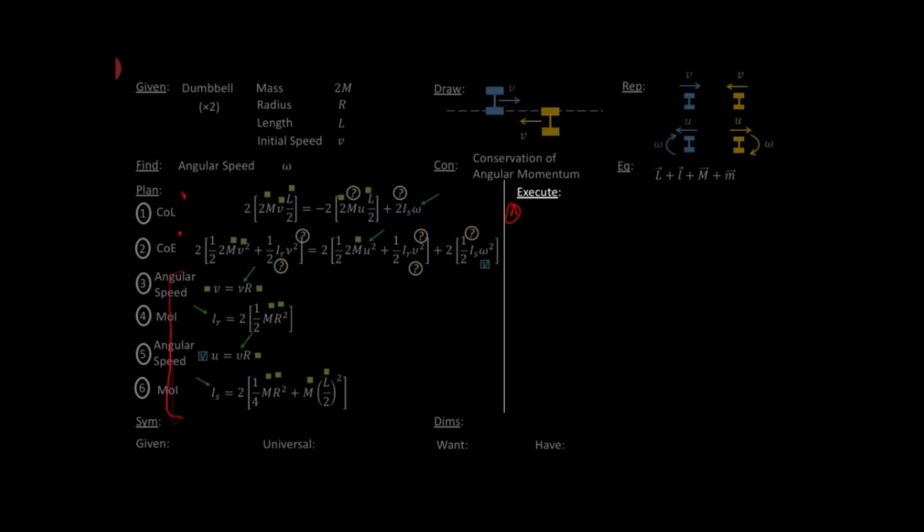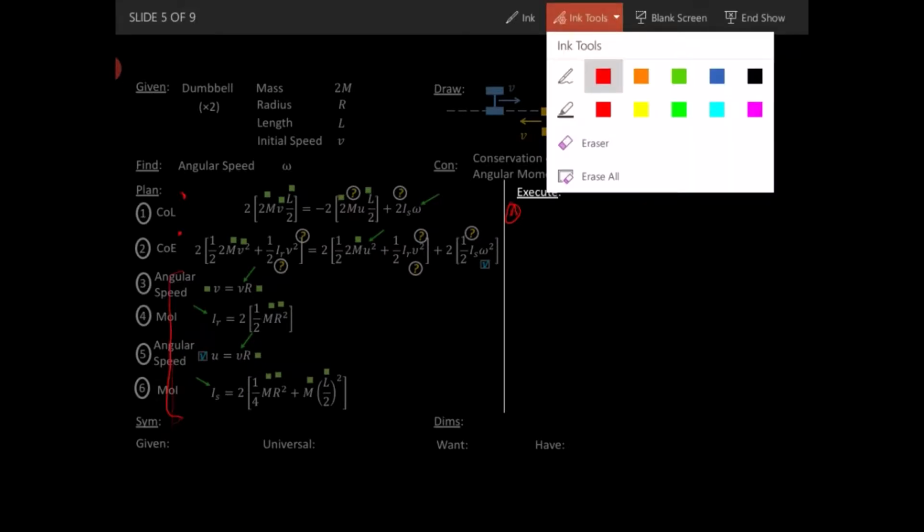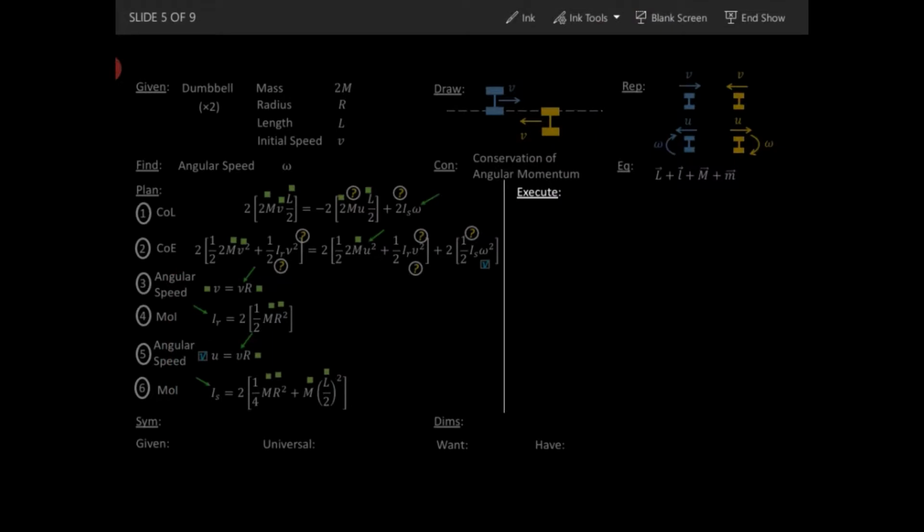Doesn't that sound fun? Maybe, do I have an eraser in here? Okay. Maybe I'll just try to do it all along here. I'm not sure how big it's going to get. It might get pretty large.